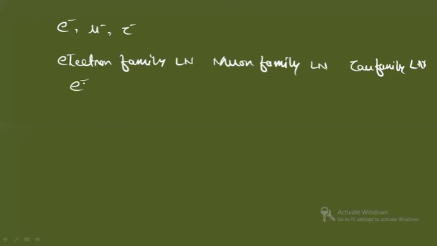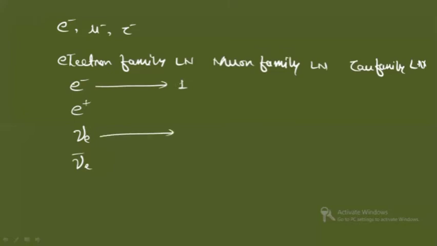This is a simple flow to remember which particles come under the electron, muon, and tau families. First write the electron, then its antiparticle, e plus, then the neutrino, and then the antineutrino. The electron is a lepton, so it has lepton number 1.